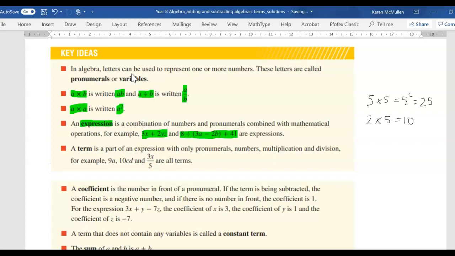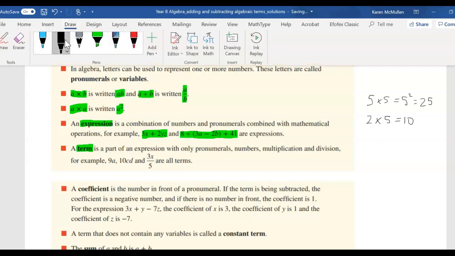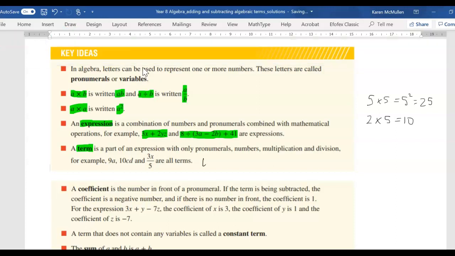Fifth dot point, not the last dot point for the page though. A term is a part of an expression with only pronumerals, numbers, multiplication, and division. So basically what I would say is terms are separated by a plus or a minus sign.